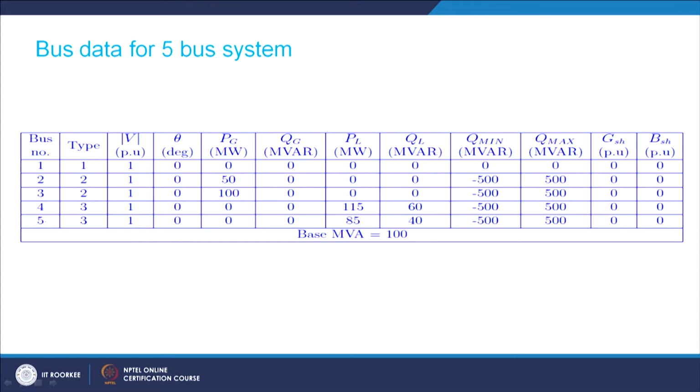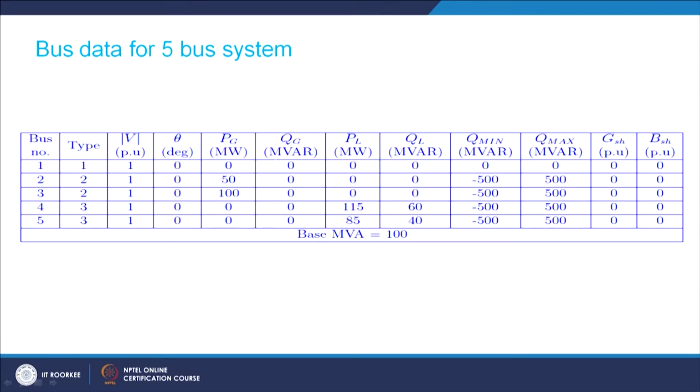And for bus 4 and bus 5, we have already discussed that when we take the flat start for these load buses, we take magnitude 1.0 per unit and angle 0. So, here also we have taken magnitude V to be 1 and 1 for bus 4 and bus 5, and for all these buses the angle is 0.